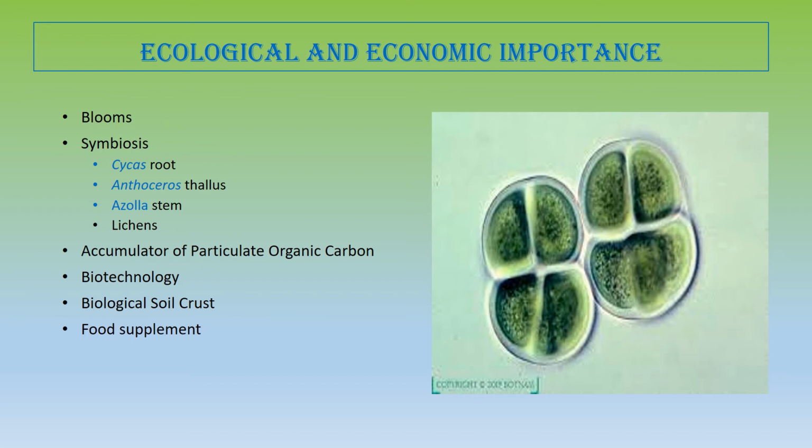In biotechnology also, we can find widespread use of the cyanobacteria. The cyanobacteria have antibacterial, antiviral, anti-cancer, antioxidant properties, and a lot of other properties. These properties are used by biotechnologists for the greater good of humankind. And cyanobacteria also form part of the biological soil crust. The biological soil crust is a layer of soil with organic matter that is found in the arid regions of the world.